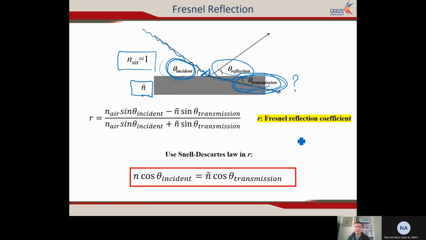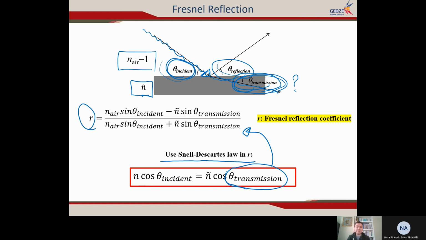So how do we get rid of theta transmission? Just use the Snell-Descartes law in this Fresnel reflection coefficient. We know that n cosine theta incident is equal to n medium cosine theta transmission. So here we have theta transmission. Take theta transmission from this expression and put it there, and then we will have only theta incident within this Fresnel reflection coefficient.